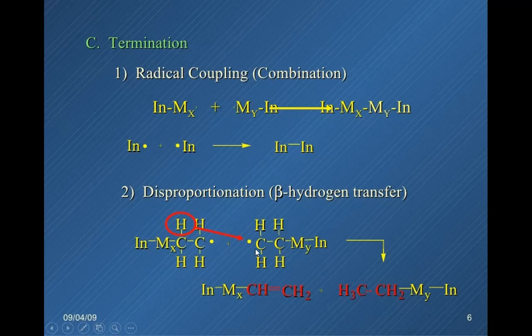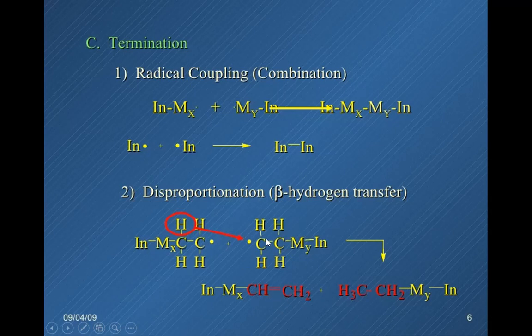This will be migrated to this carbon, leaving behind only one carbon, hydrogen atom there, CH, and this bond will be left over. After the removal of this hydrogen, this bond is transferred between these two carbon atoms. This bond gets transferred to this carbon atom and forms CH double bond CH2.